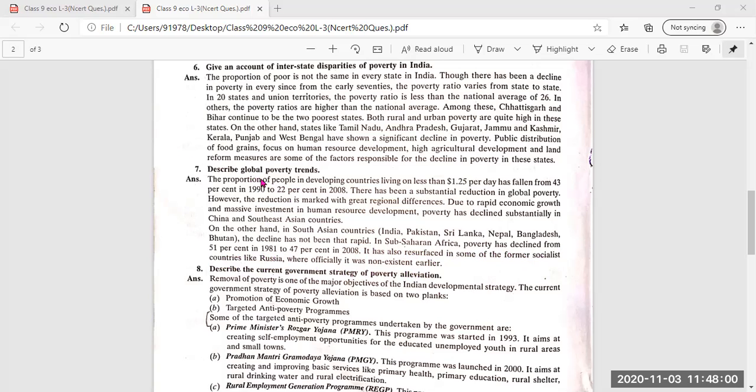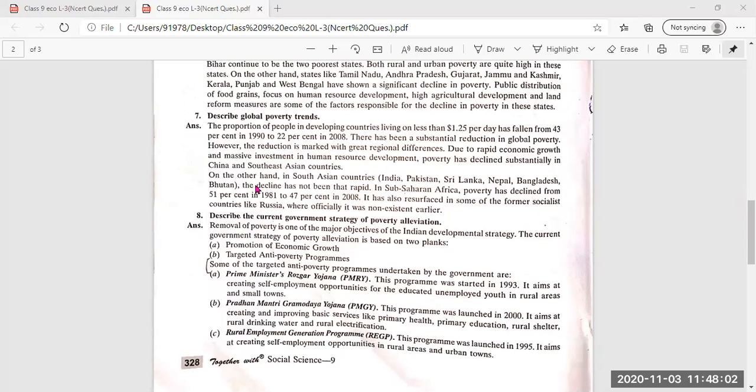So this is the global poverty trend: if investment is made in economic growth and in human resource development, then only we can come out of poverty.